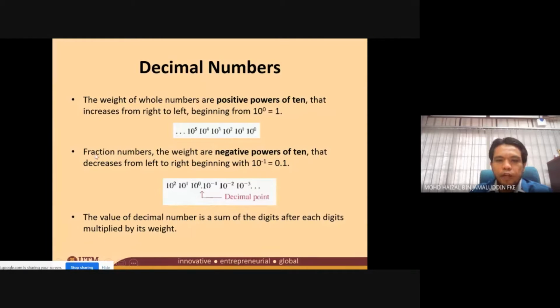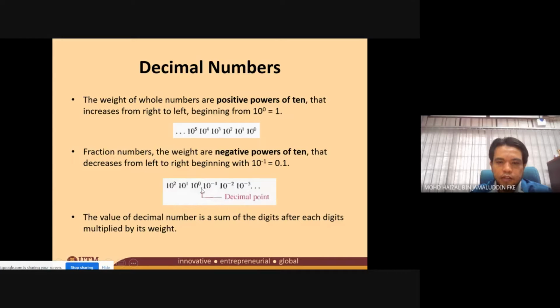But for fraction numbers, the weights are negative powers of 10. So this is, consider it the decimal part, that decreases from left to right, beginning with 10 to the power of minus 1, which is equivalent to 0.1.